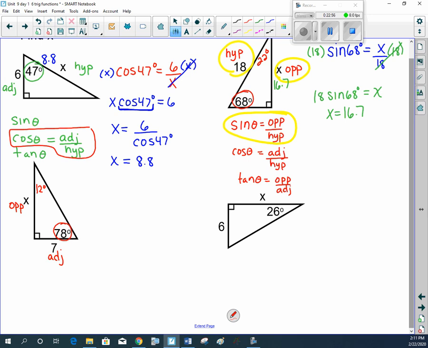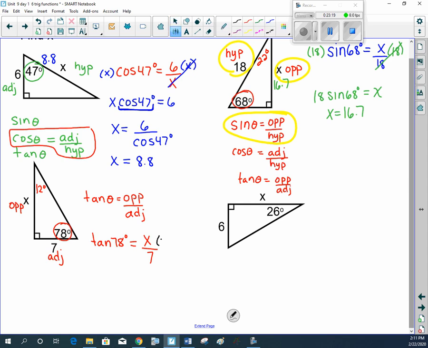So out of our trig functions, it looks like to me I want to use tangent theta, because tangent theta uses opposite over adjacent. So instead of writing the theta symbol, I actually know what the angle measure is. So I'm going to write tangent of 78 equals the opposite side over the adjacent side. And then I'm going to solve that for x.